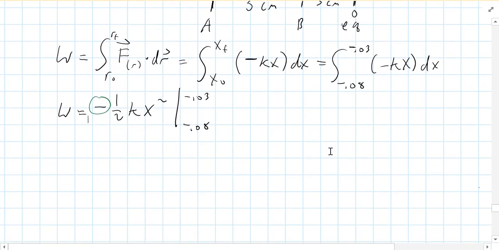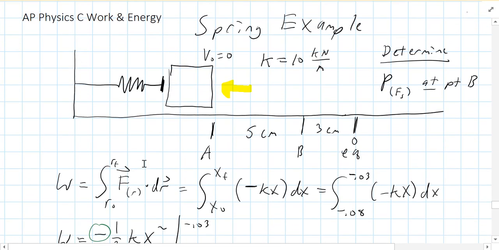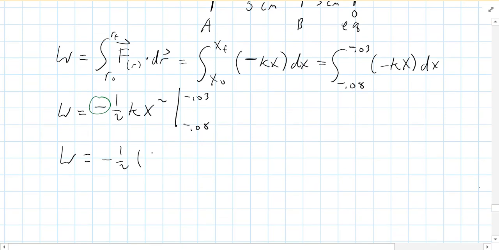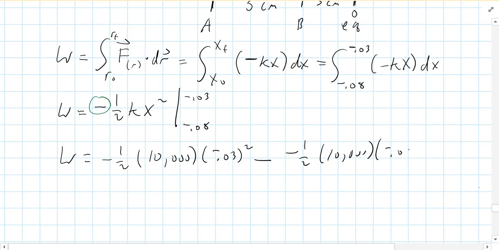So the negative here is actually important. We got negative 1/2, the K was given as 10 kilonewtons, which is 10,000 newtons per meter, times the final, negative 0.03 squared, and then minus negative 1/2 times our 10,000 times our negative 0.08 squared.